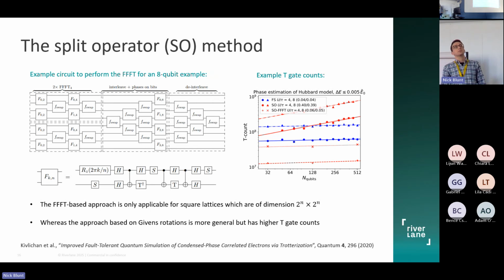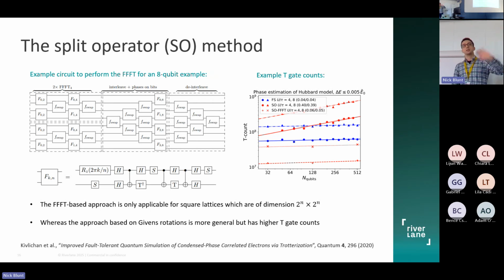Again, they're looking at 3 different Trotter schemes. The first one is fermionic swap, which is something a little bit different. The second one, SO, is a split operator using Givens rotations, and SO-FFT is using this Fourier transform. They see that they get the best results from the FFT method.